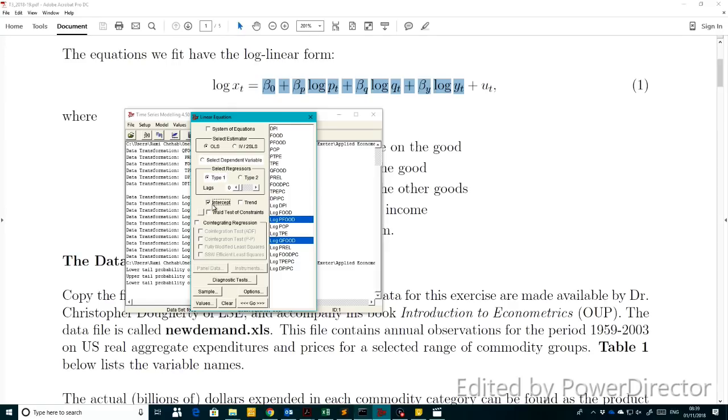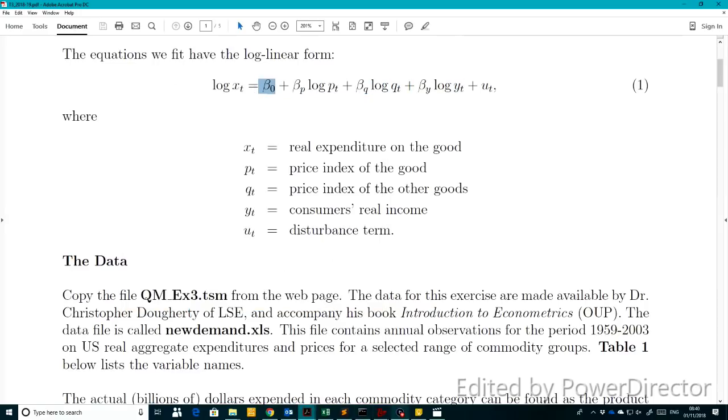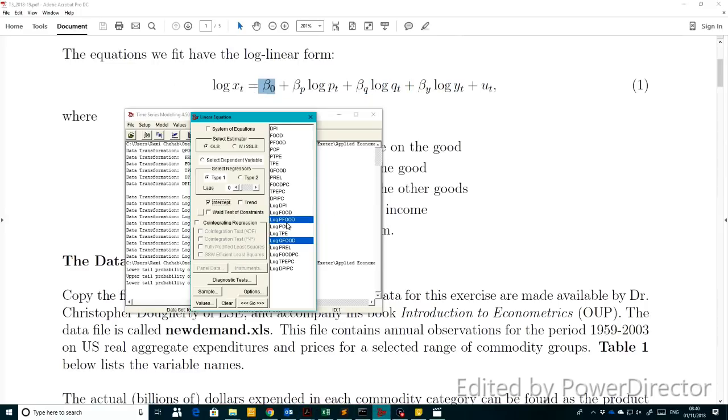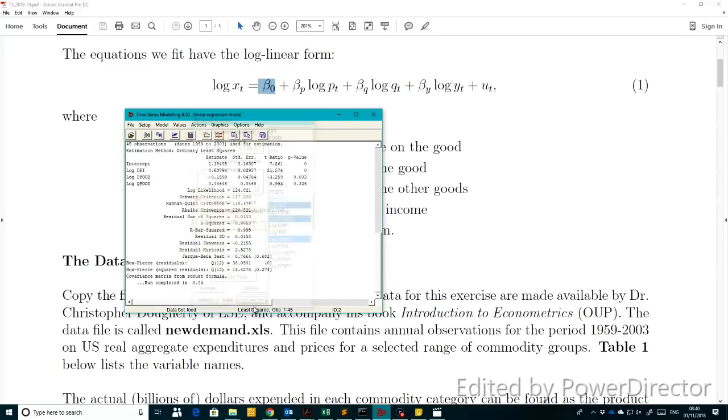We press on intercept. If it's not pressed, please double press on it, because we have the beta nought here. Later, we add log pcat or log pfood. The other is log qfood, which is beta q, log qt, and plus beta y with the log dpi. This is what we want, and then we hit go.